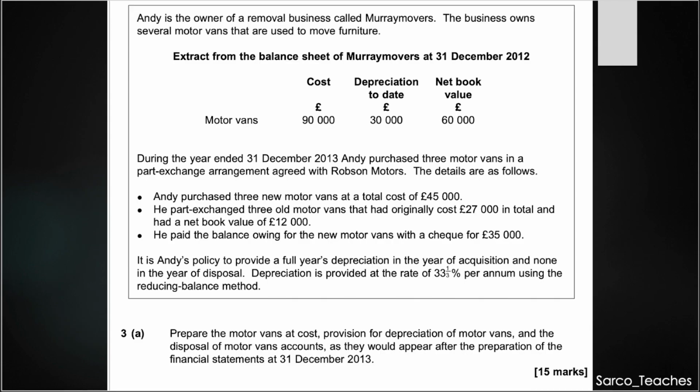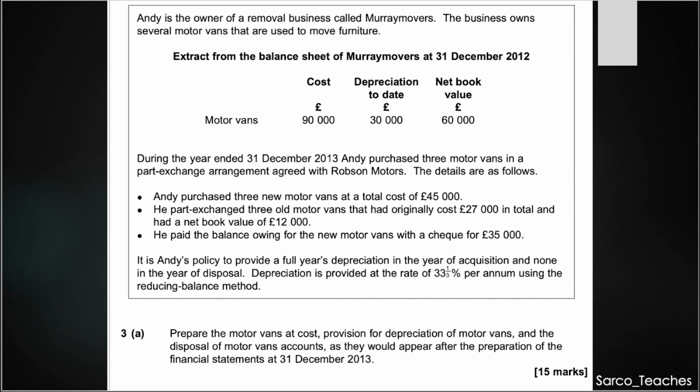It's very, very easy. First, we were told that the 3 new motor vans that we purchased were for 45,000. Then we were told that we gave them 3 old motor vans to reduce the actual total of the new 3 motor vans.